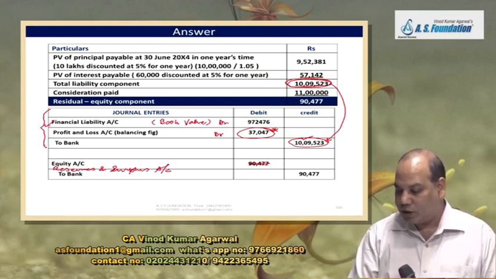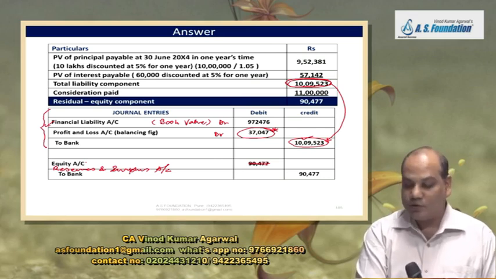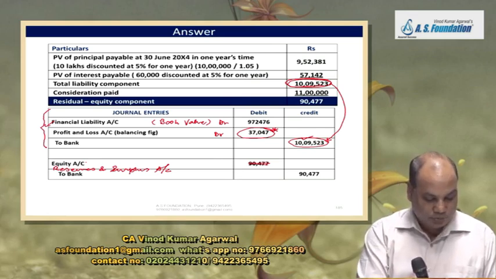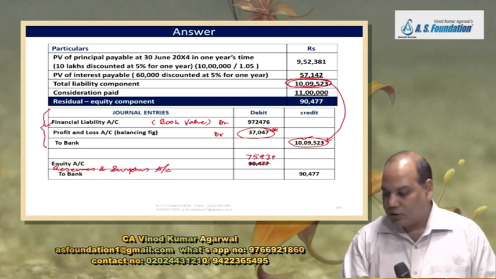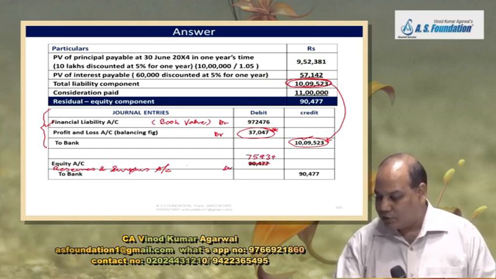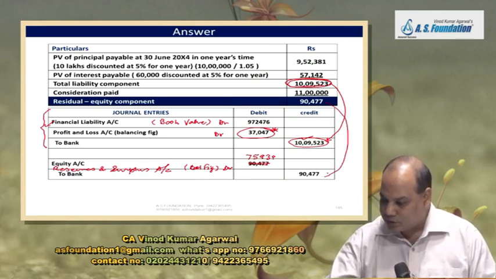And then we will pass the entry, equity account debit. Tell me how much was the balance in equity in that question? Equity 75,939. Reserve and surplus account debit, balancing figure, and to bank 90,477.